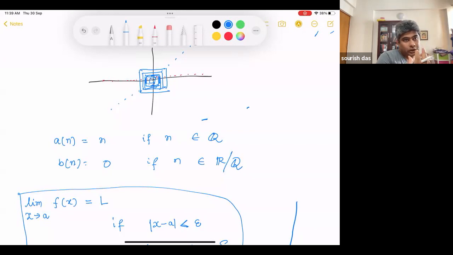No matter whether it's a rational or irrational number, your x and f of x will always be inside that box, and eventually it will converge to 0. So whether x is rational or irrational at 0, f of x is 0. Hence there is a limit, and that limit is 0.